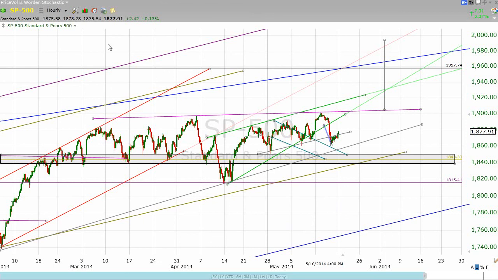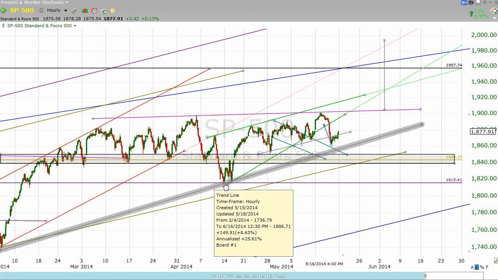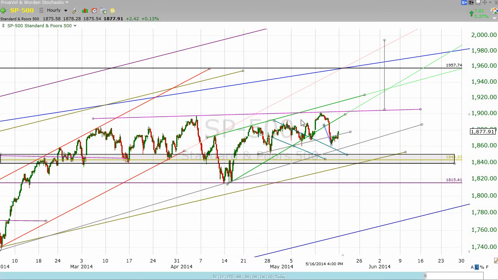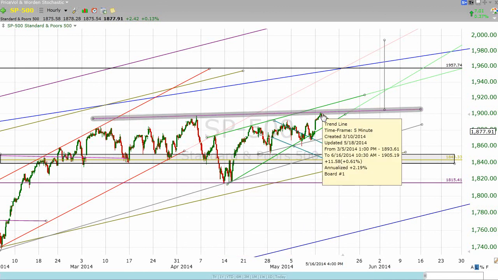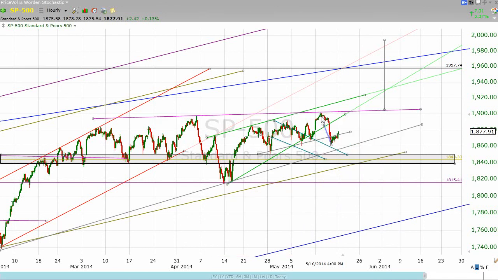Now, one thing I just want to say quickly, I'm not saying that this 1840 to 1850 area is not still important. I just don't think it is as important now as this level down here because of the lows we saw in mid-April and now that secondary high that failed to break and head on up to over 1900 with a good close.